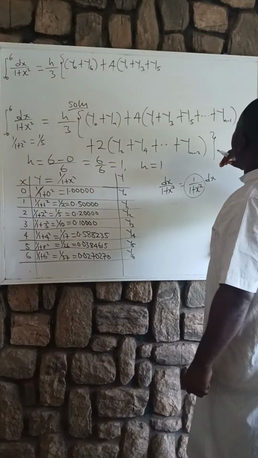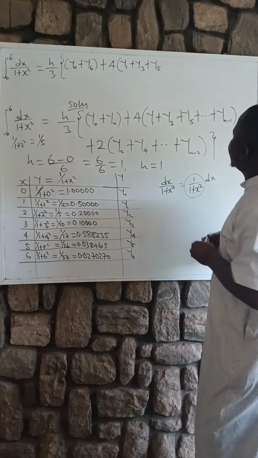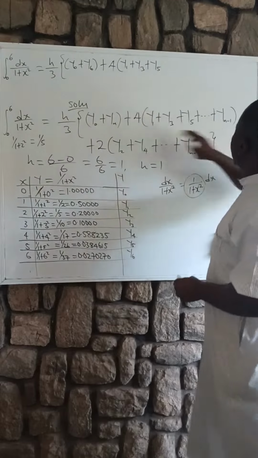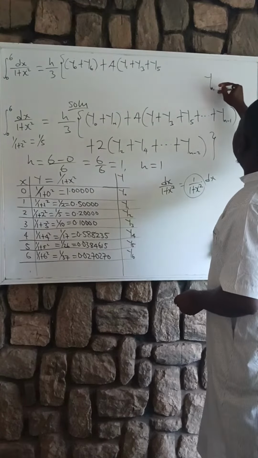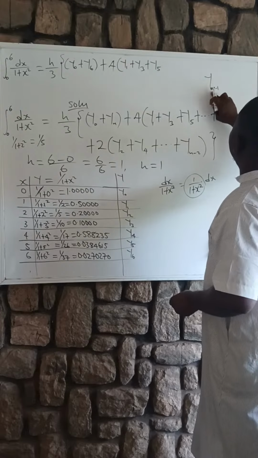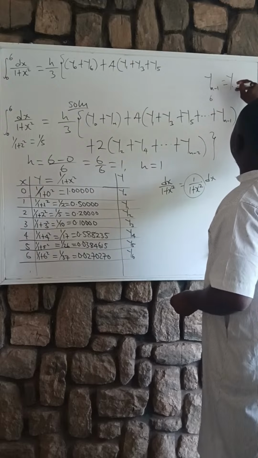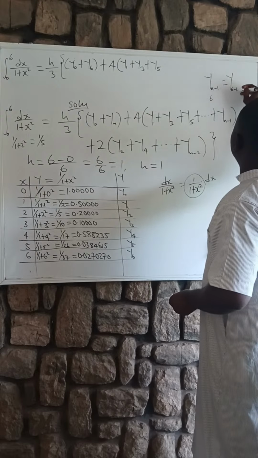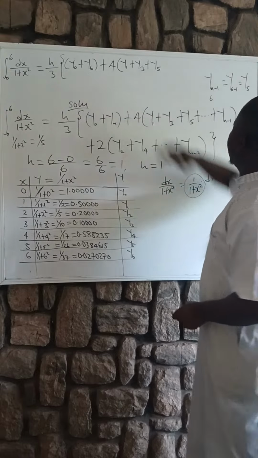The reason why we stop at y5 here is, if you substitute when we have y(n minus 1) and your n is 6, then 6 minus 1 will give you y what? 5.